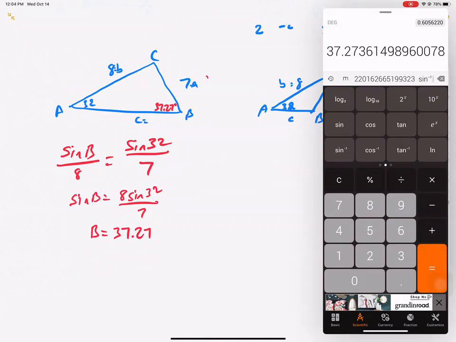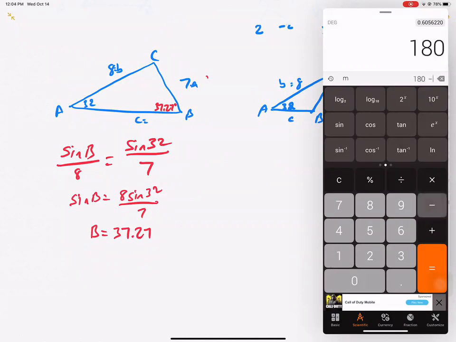Great. Now, if we have two angles of a triangle, can I find my third? Of course I can. 180 minus my 32 minus my 37.27. And we have 110.73.